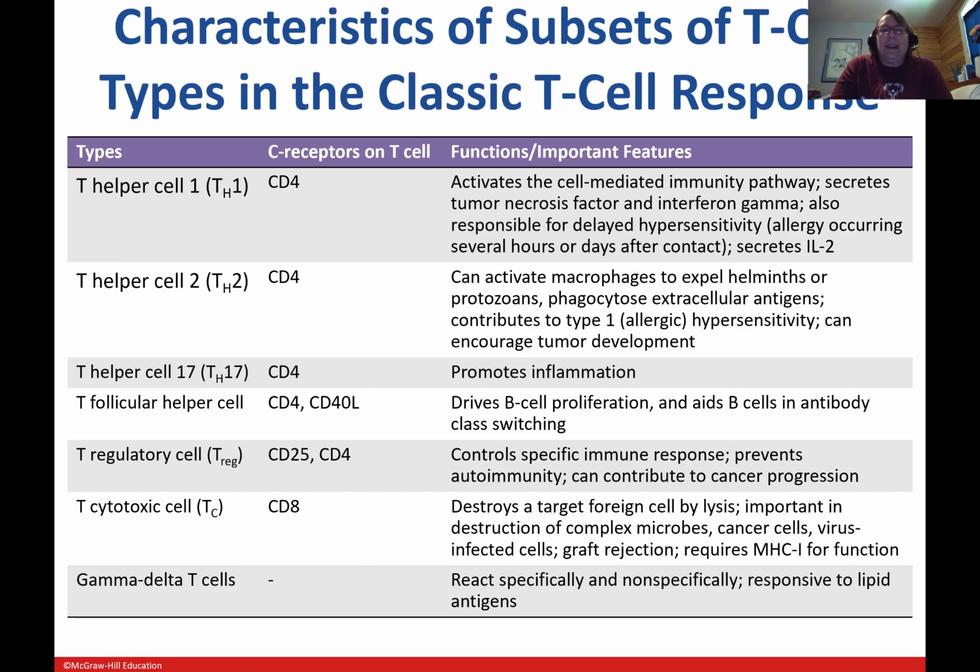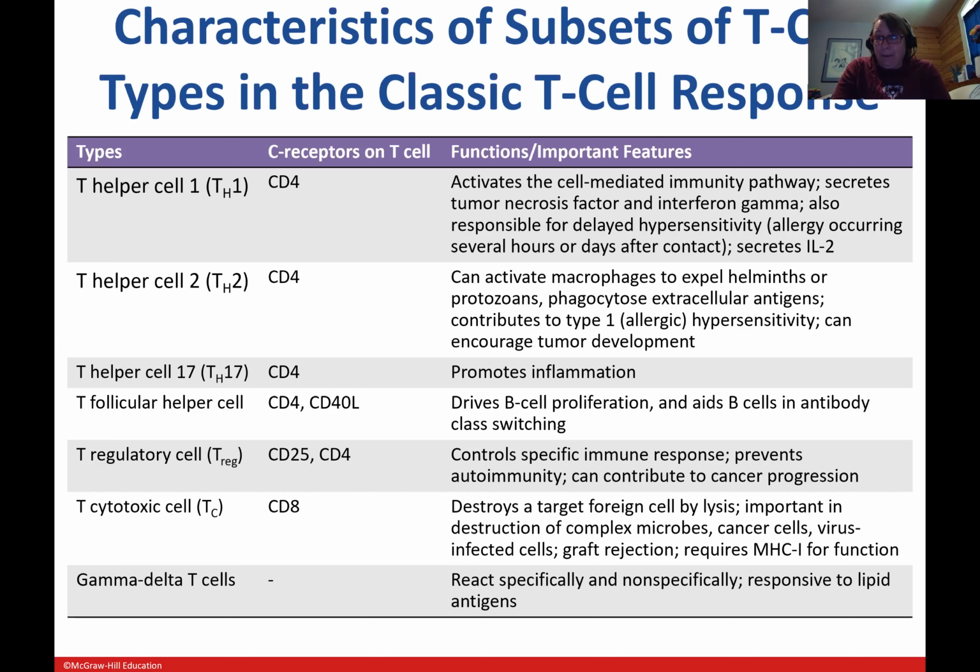These types of T cells are particularly useful for anything with an intracellular infection. Any kind of foreign cell gets lysed by these cytotoxic T cells. Complex microbes, this is often really an important piece of that. If the immune system can recognize cancer cells, this is the one that goes after them.